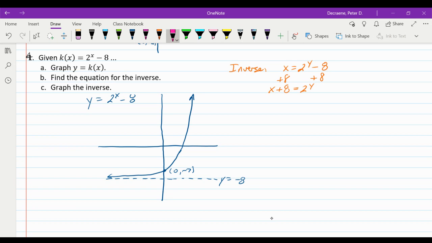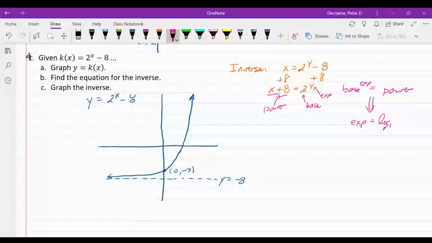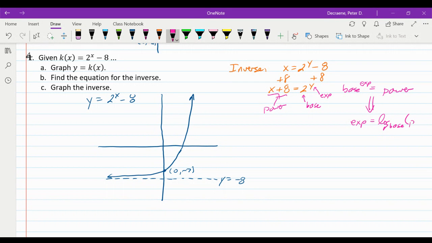Remember, if we have base to some exponent equals a power, and we do, 2 is the base, y is the exponent, and this whole thing over here is the power. We can rewrite that as the exponent equals log with that base of that power. So I'm going to rewrite this as y equals log base 2 of x plus 8.